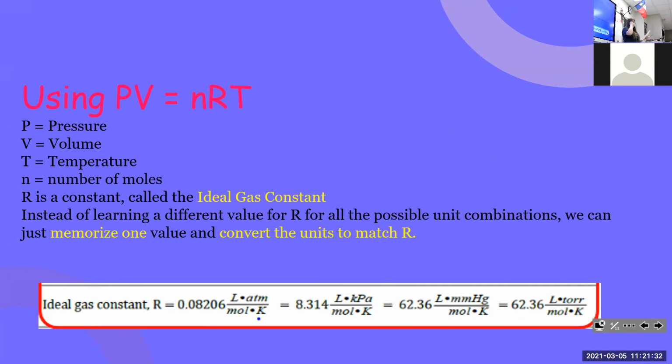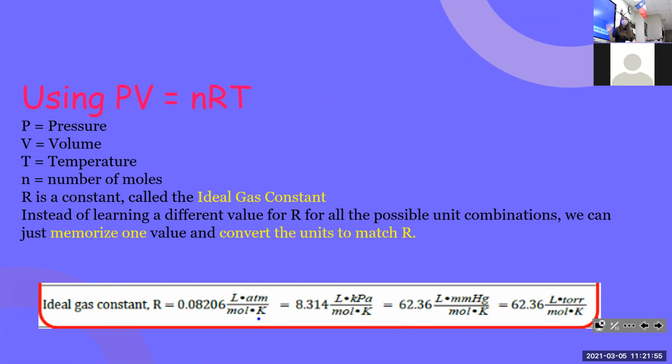And the R has 3 values. So the 3 values could be 0.0821 L·atm/(mol·K), or you could use 8.31 L·kPa/(mol·K), or you can use 62.4 L·mmHg/(mol·K).